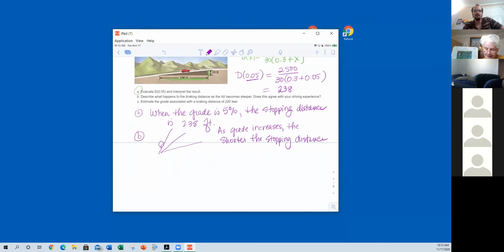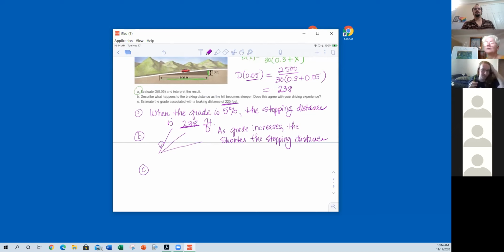So then it says estimate the grade when the braking distance is 220 feet. Okay, so first of all, will the grade be greater or less than 5%? Less than? Well, wait, think about this. It takes you less footage to stop, so it's backwards.